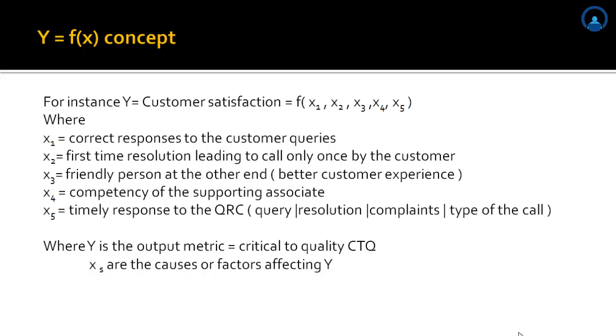QRC means query, resolution, complaints. These are the types of calls, where Y is the output metric which is critical to quality, and X's are the causes affecting Y. So this is one way of looking at the concept: Y is equal to function of X.